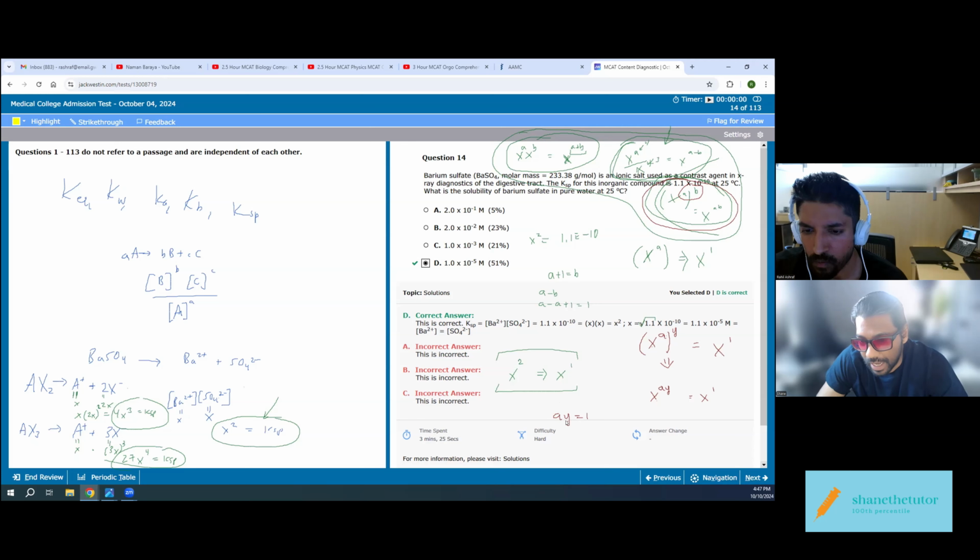Now let's solve for y. My instinct would be y equals 1 over a. Why don't we try that, right? x to the a power times 1 over a power. That gives you x to the what power?